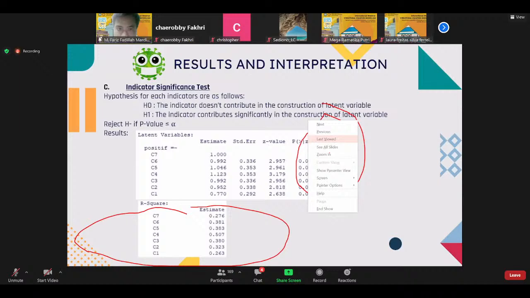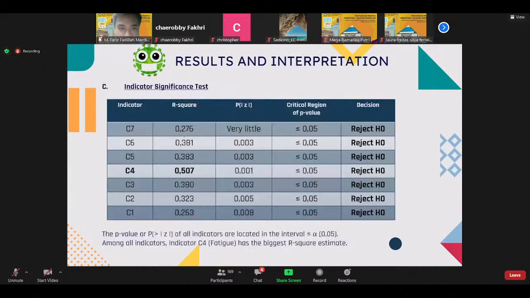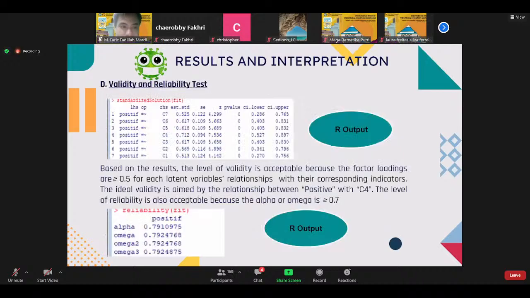This is the validity and reliability test based on the R output. Based on the result, the level of validity is acceptable because the factor loadings are all greater than 0.5 for the latent variable's relationship with its corresponding indicators.